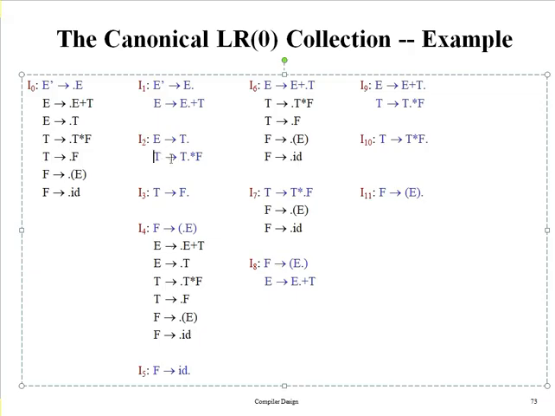So go to of I2 comma star, we can generate I7. So we can add the two production rules of F.